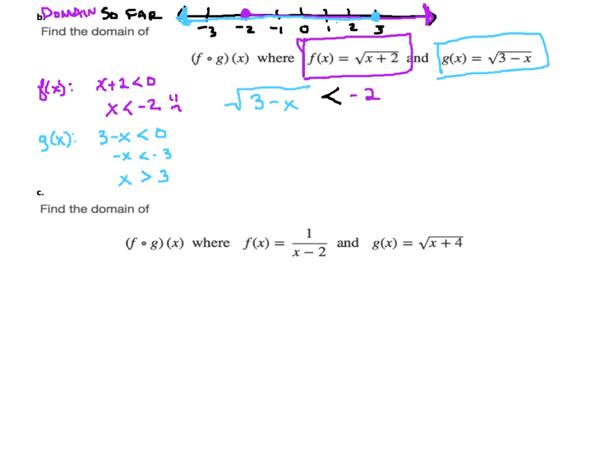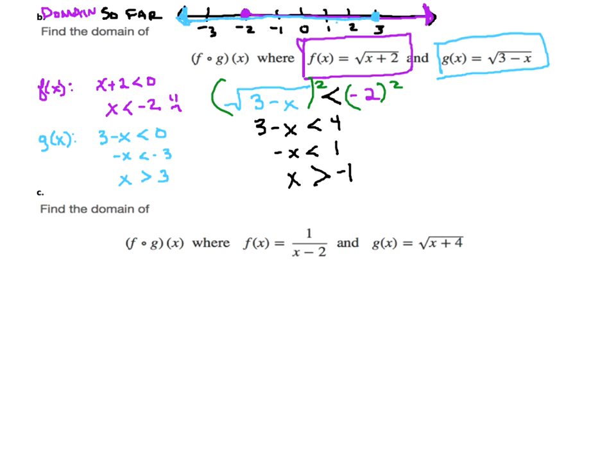This is what I have to figure out. To undo a square root, we square, but we've got to square both sides. So this is 3 minus x less than 4. Subtract 3 from both sides, and negative x is less than 1. Divide both sides by negative 1, so I'm going to flip the sign. And this is going to happen when x is greater than negative 1.